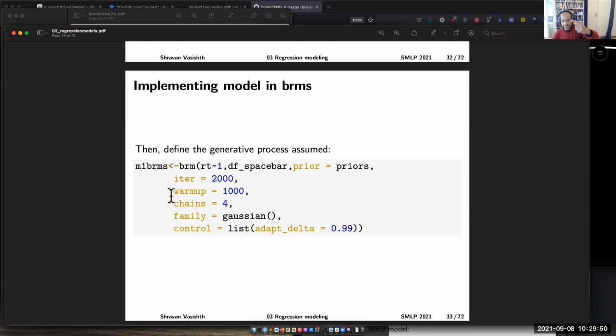I will have 1000 iterations per chain, and therefore I will have 4000 samples at the end, right? If I change the warm-up to 500, then I would have 1500 samples from each chain. So 1500 times 4 is 6000 samples, right? So you will get different numbers of samples depending on your warm-up and your iterations.